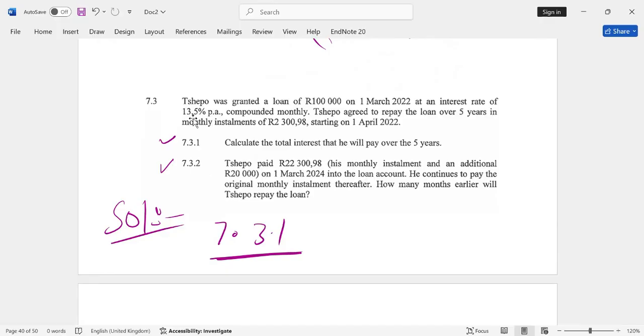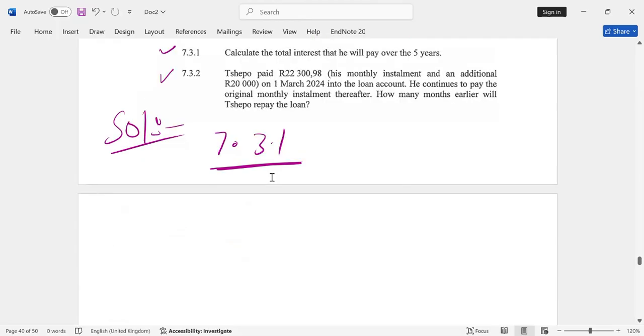The total interest paid is simply the total amount he pays back minus the initial loan amount. We can calculate the total number of payments and the total amount repaid. Okay, so let's write the numbers over here.